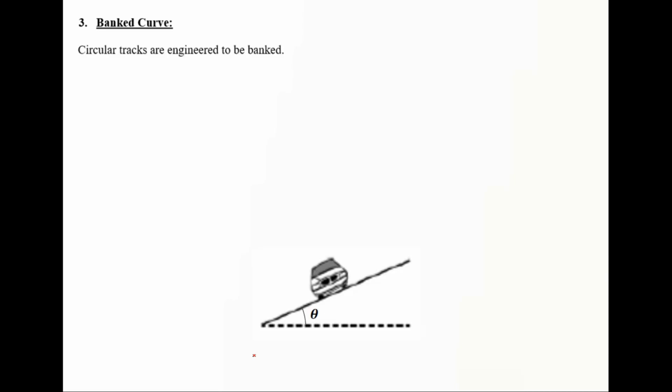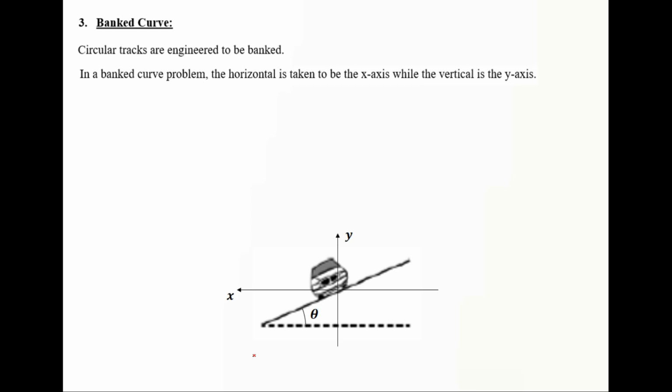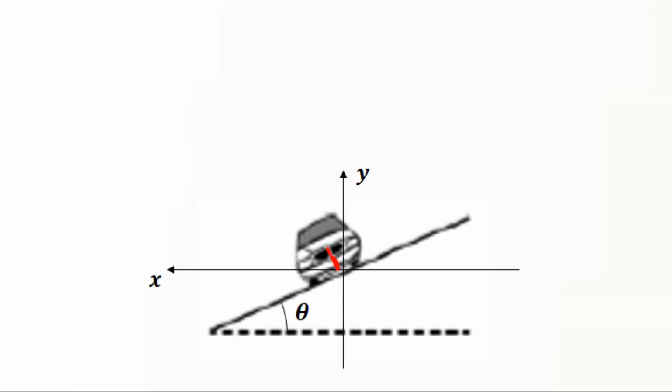Now we get to the more interesting part, which is a banked curve, section 3. Circular tracks are engineered to be banked, and now we're gonna explain why. In a banked curve problem, the horizontal is taken to be the x-axis while the vertical is the y-axis. Remember that when we were discussing the motion of a block along an incline, moving down or up the ramp, we used to take the x-axis to be the ramp and the y-axis to be perpendicular to the ramp.